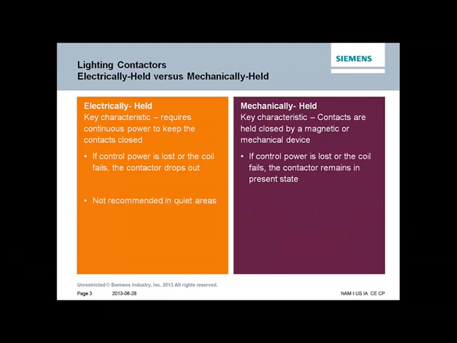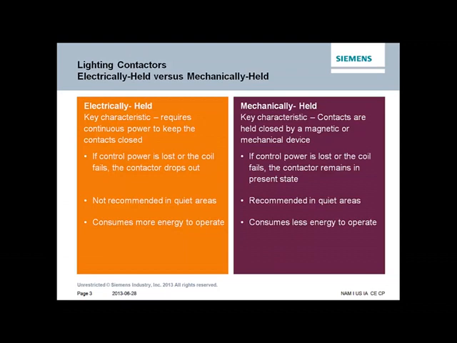Electrically held contactors are not recommended to be placed in quiet areas due to the coil being continuously energized and causing an inherent hum in the armature magnet. Mechanically held could be located physically in a quiet area since, again, they are not continuously energized. Electrically held consumes more energy to operate than mechanical styles.